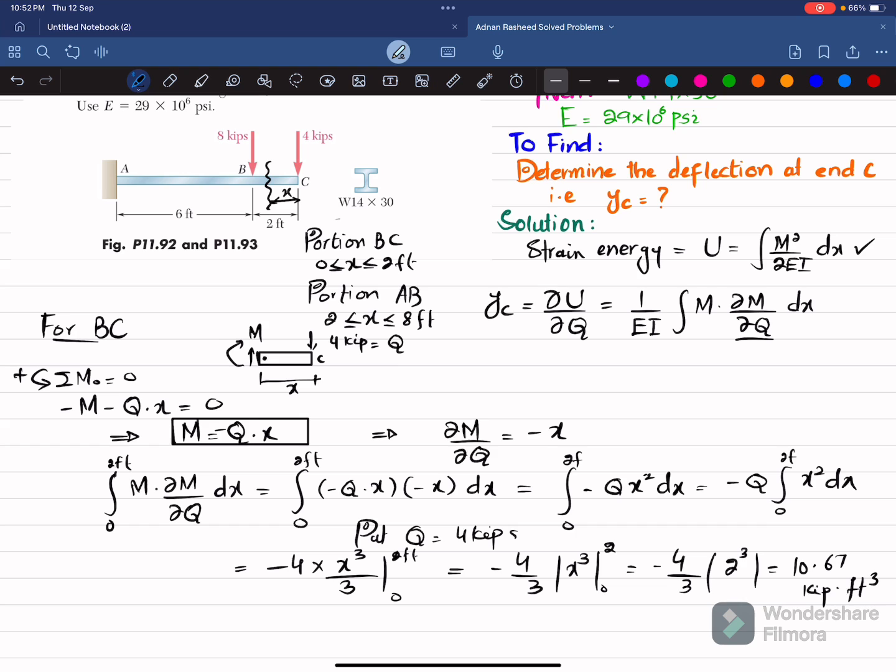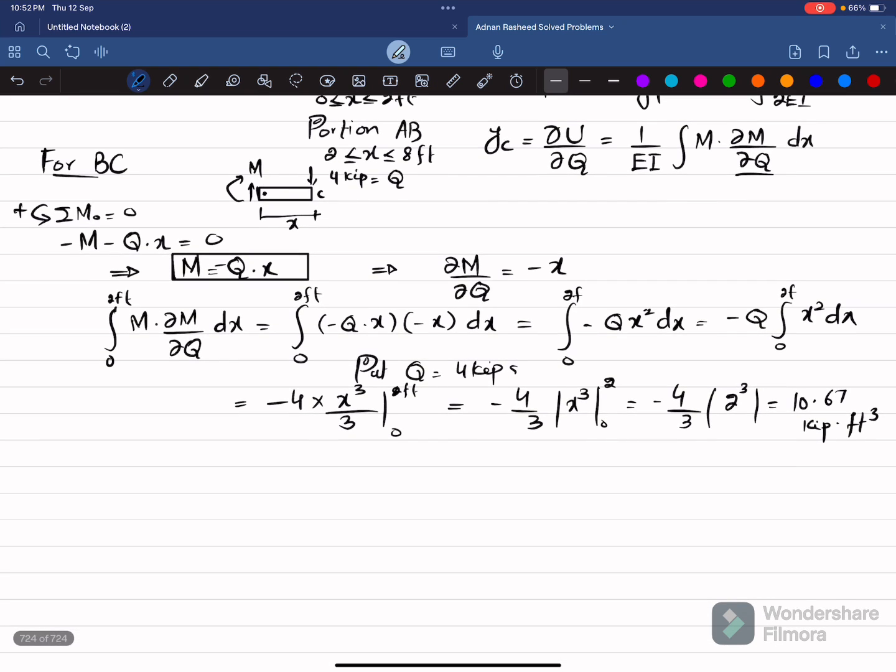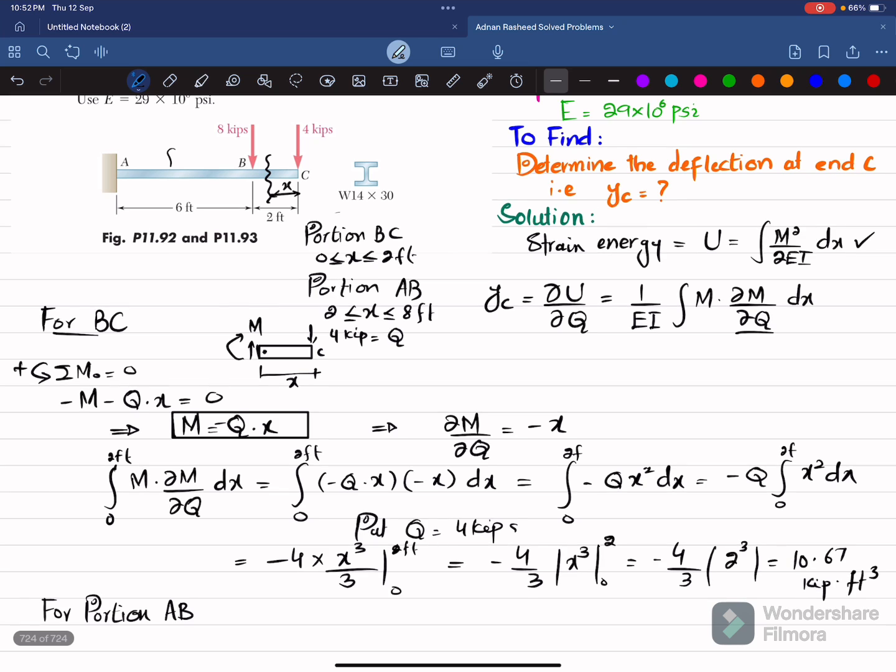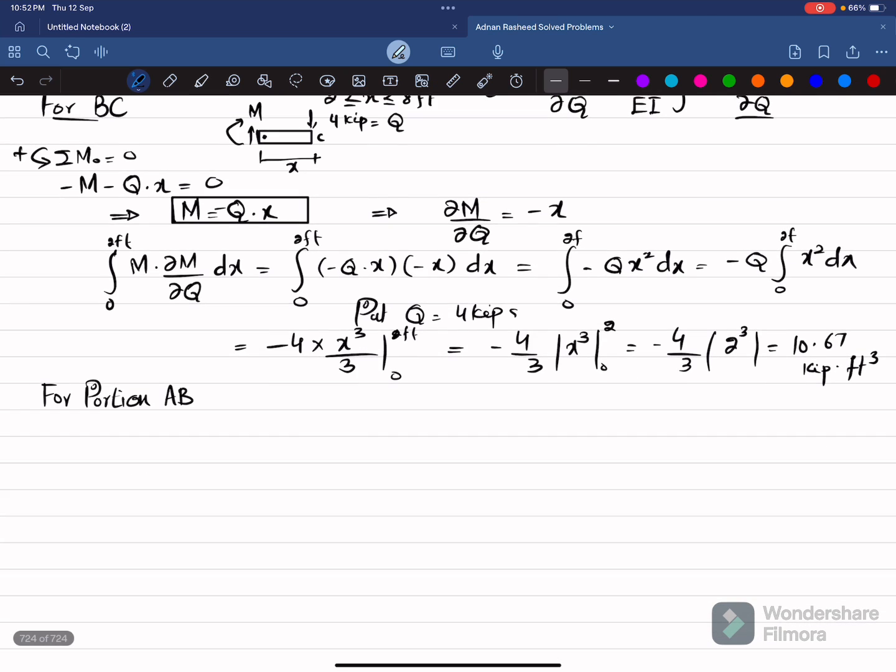We will find the same thing for portion AB. For portion AB, we will cut this beam anywhere, this distance will be equal to x, clear, and we will draw the free body diagram. So let me draw it first.